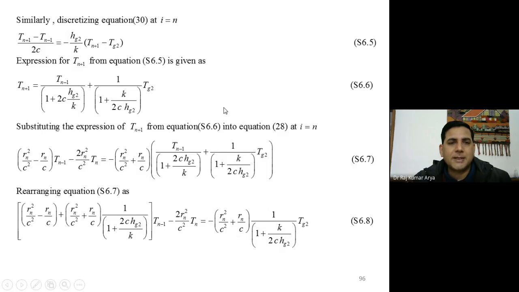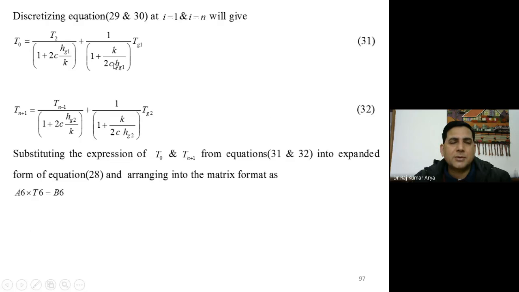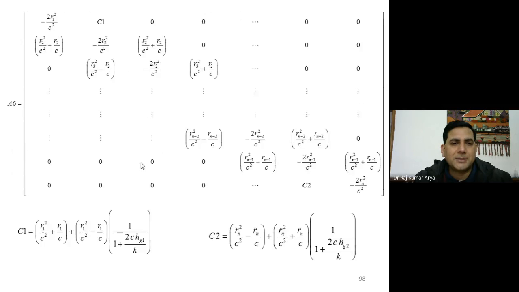If you do that, you get these matrices. I wrote C1 here because if I write everything, the matrix would become so long and it wouldn't be visible. So I just put C1 and C2 here, and the expression of C1 is this one.